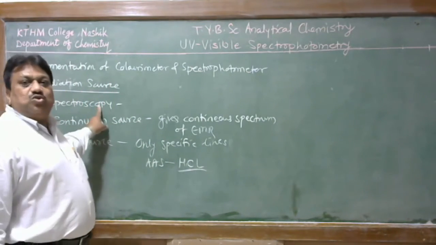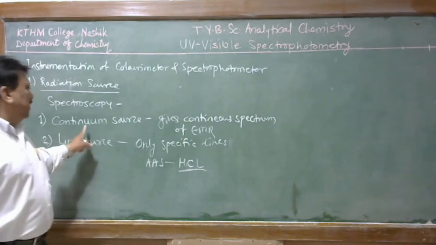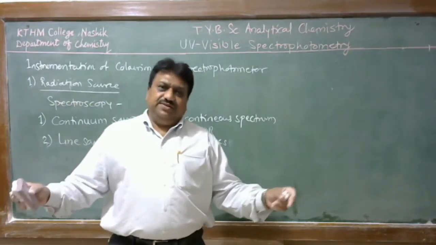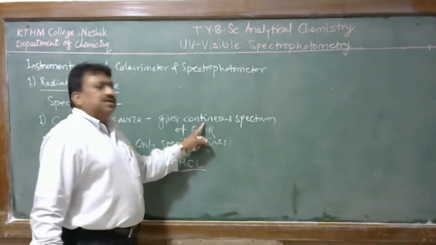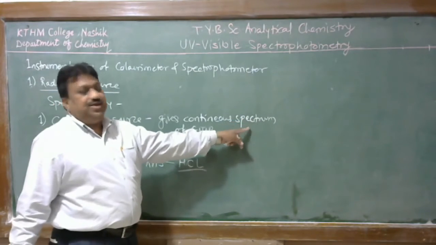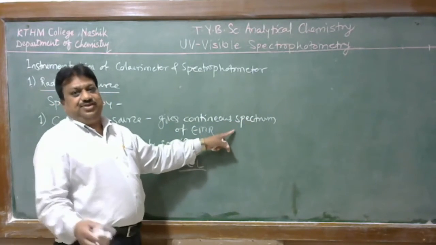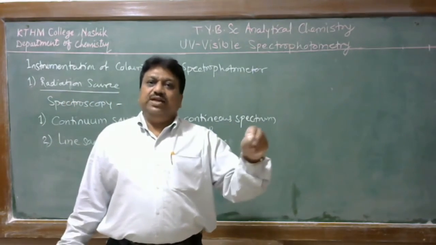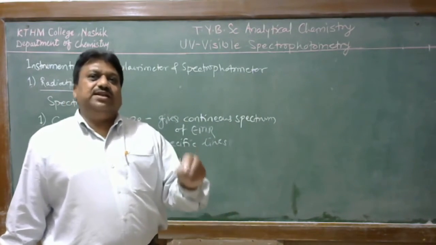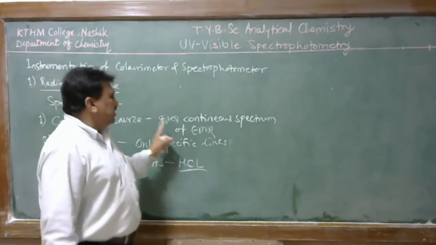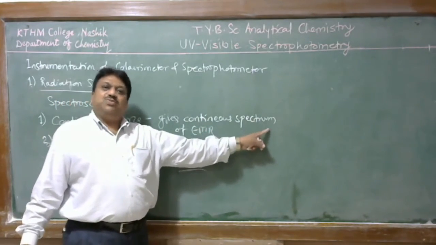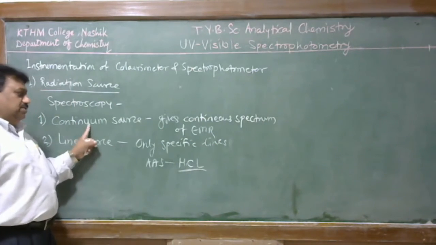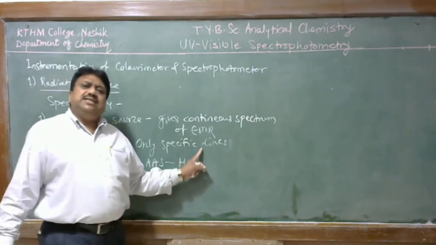Therefore, sources in spectroscopy are classified into two types: a continuum source that gives all possible radiation within a spectrum of electromagnetic radiation, and that gives a continuum radiation. Means here 180, 181, 182, 183, even 183.5 like this. That means continuous radiations are provided in a given electromagnetic spectrum by a continuum source. Here only specific lines are given.